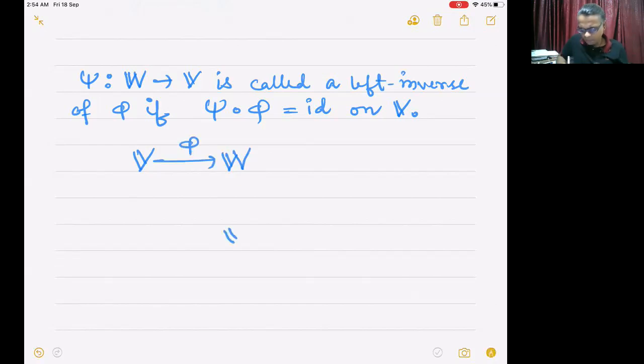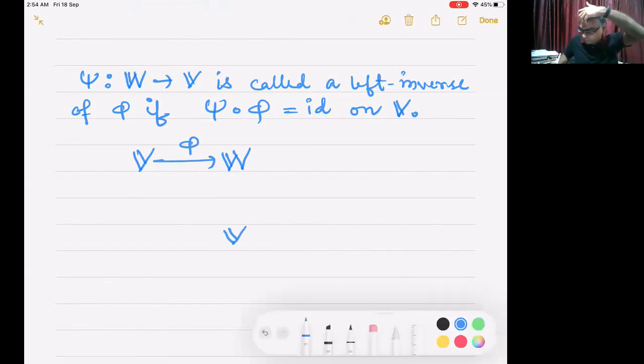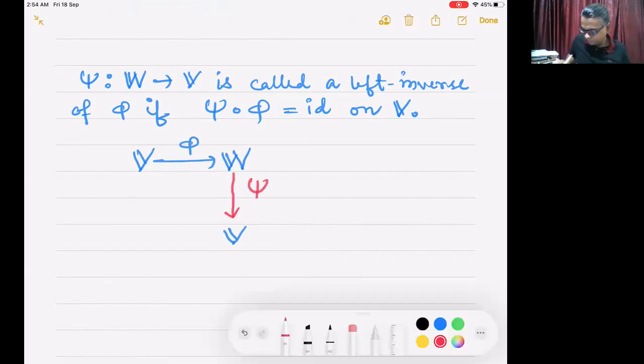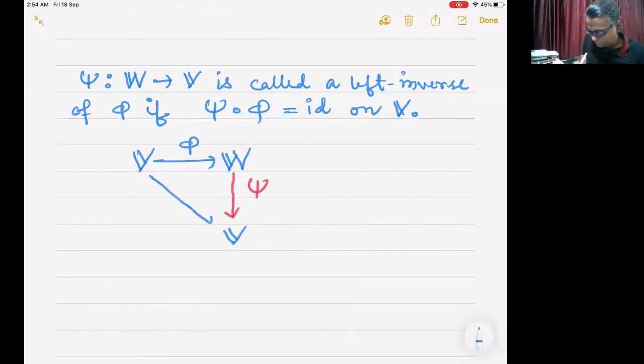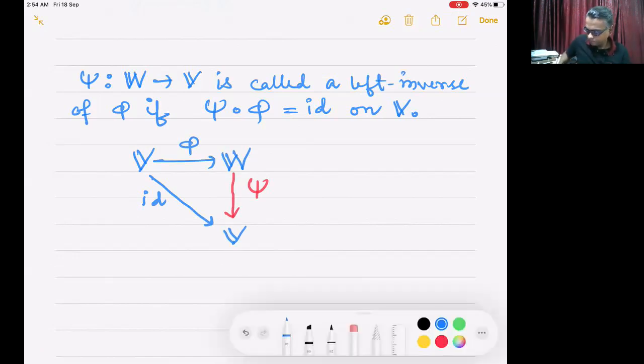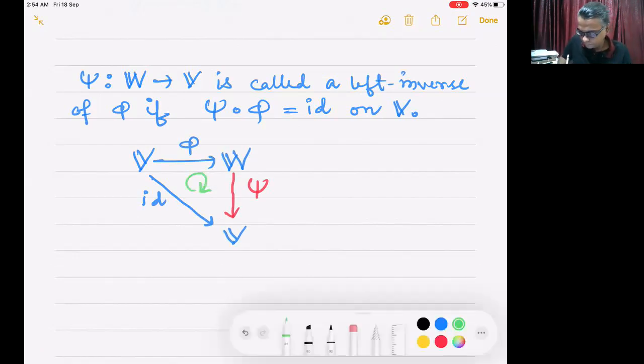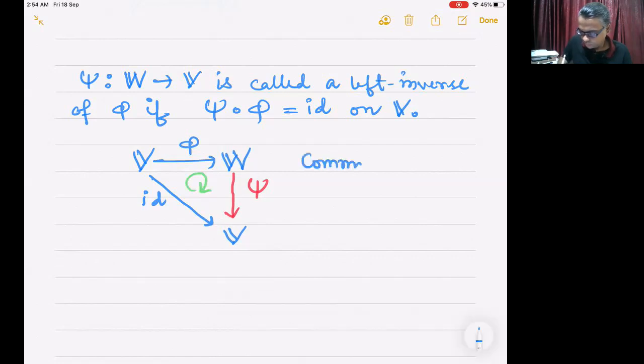So I'm asking this question: does there exist a map like this, psi, such that from V to V there is this identity map, the same map, V goes to V? Does there exist a psi such that this diagram commutes? This is the symbol for commute. So this is called a commutative diagram. What does this mean?